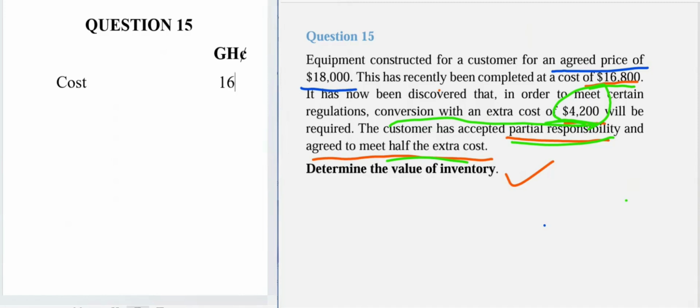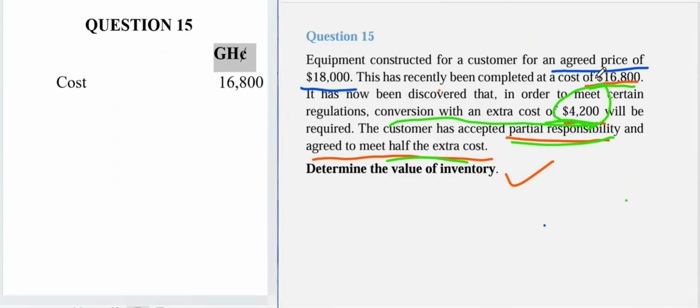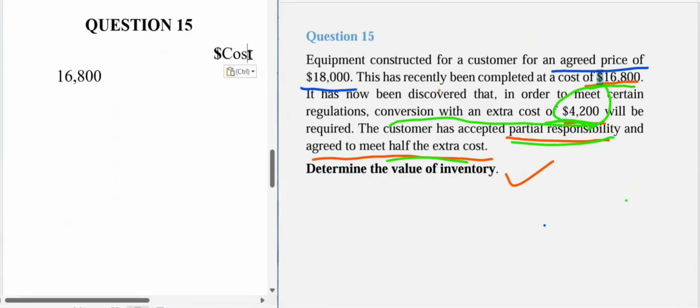Don't forget that's 16 what? $800. Okay, and then this is not the Ghana cedi sign, so let's rather get our dollar sign. Okay, so Control C here, I come here and then Control V. So this is the cost.